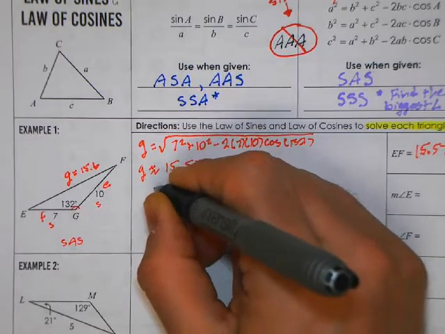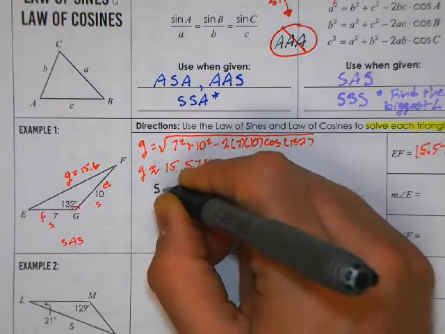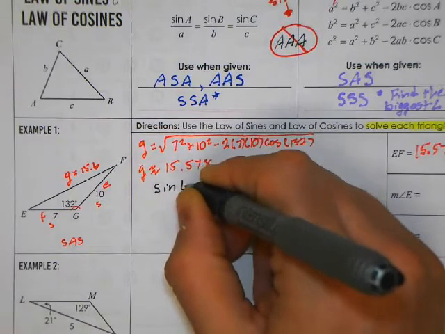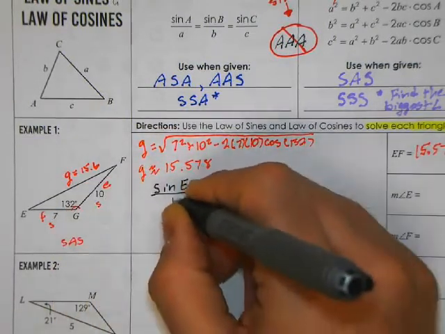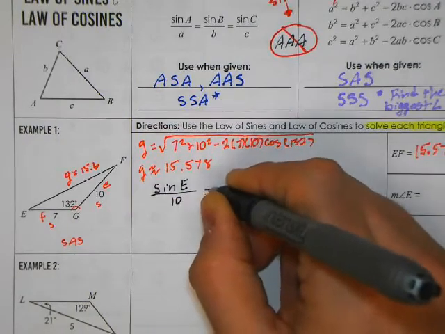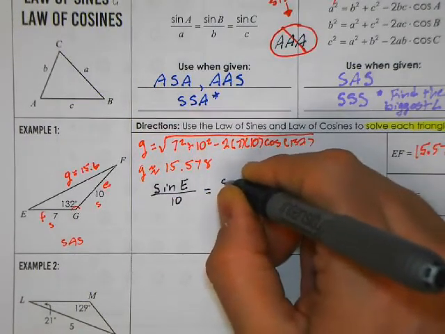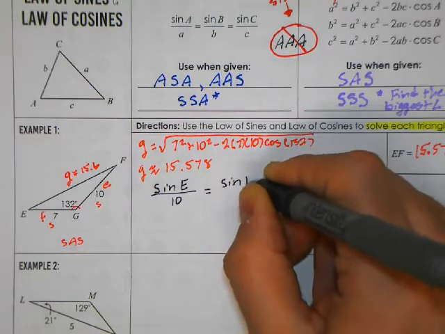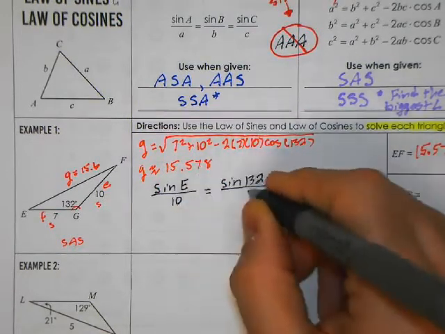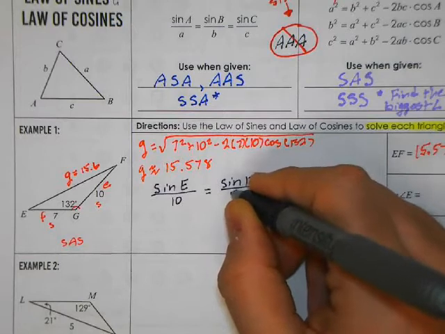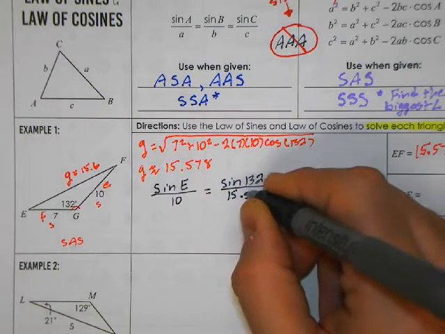So here I'm going to say the sine of angle E over the side opposite of it, which is 10, is equal to the sine of the 132 that was given to us over the 15.578.